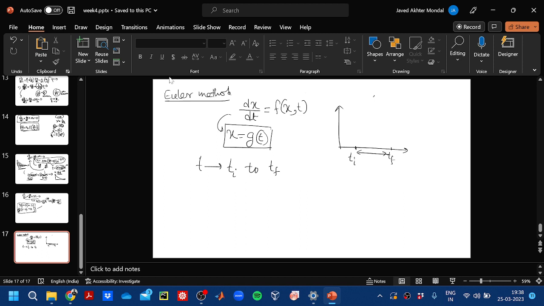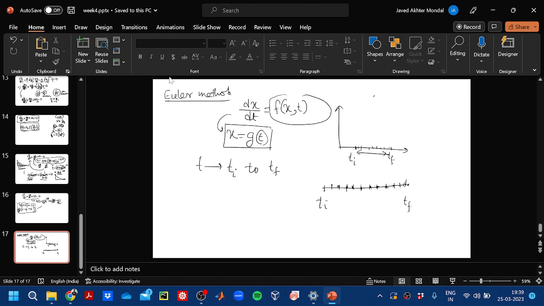First we have to discretize this time in some uniform step. Suppose this is ti and this is tf. We will evaluate this function at every point here.